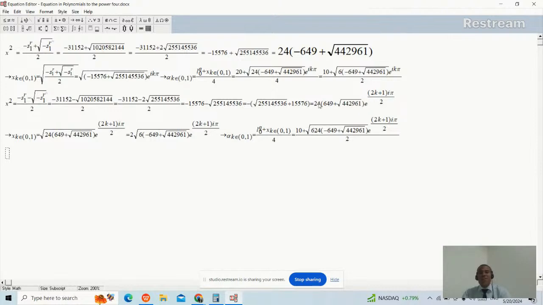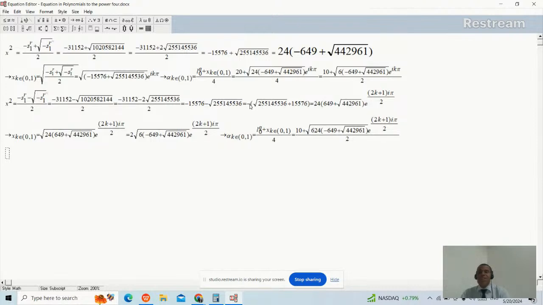Why comes (2k plus 1) i pi over 2? Because this is negative sign. You see, minus 15,576 minus root of 255,145,536. This minus sign, it will be after that put into the square root.